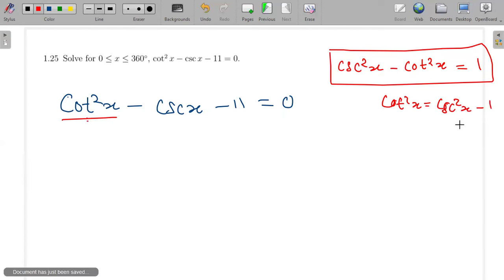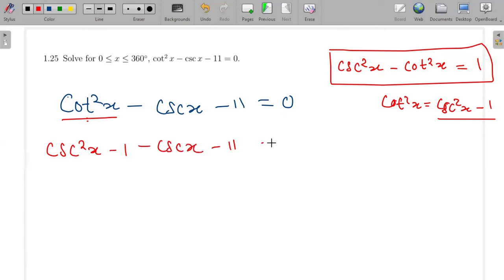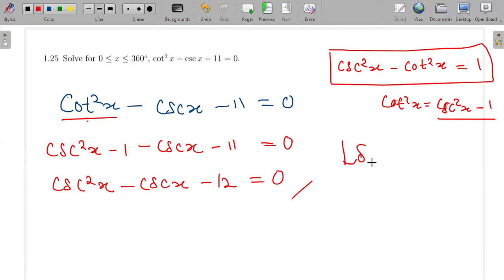So here I'm going to put this. I'm going to say cosec squared x minus 1, and then minus cosec x minus 11 is equals to 0. So this will be cosec squared x minus cosec x minus 12 is actually equals to 0. And then from here, we can say let y be equals to cosec x.